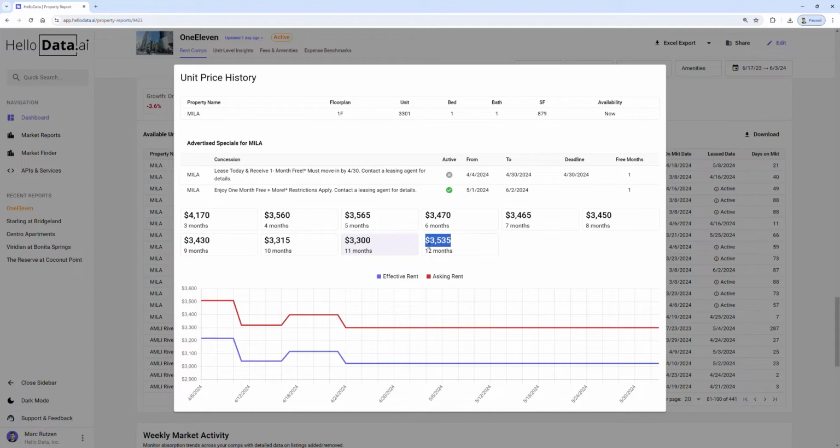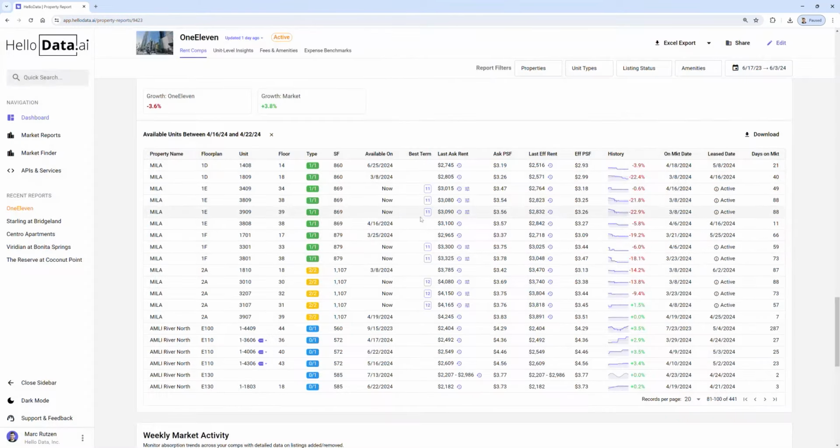There's more than a $200 difference when you go up to the 12 month. So they clearly don't want you to pick the 12 month option, and so we display the best price in the interface, and that's at 11 month, and you can see the best term being highlighted here. All right, so something to note, if you see this best term and you see the three lines next to it, that means that there are different lease terms being offered, and the best term is going to be the one that we call out here.